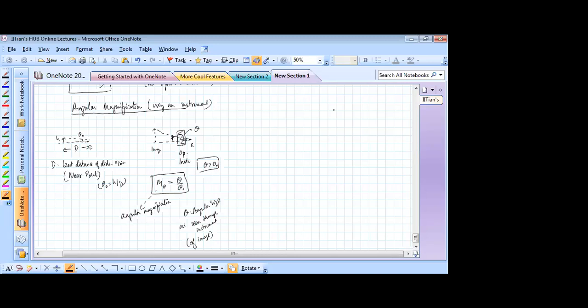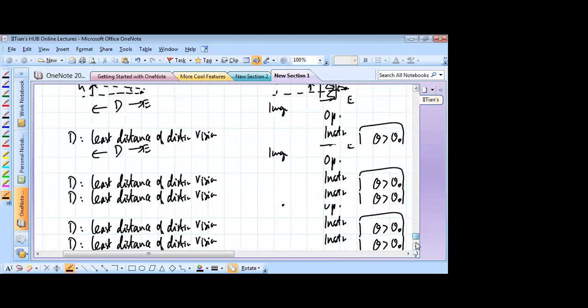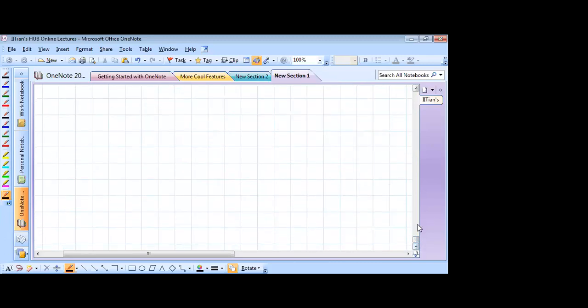But here we are talking about optical instruments. So we are still talking about manipulation of light in terms of refraction and reflection, without any of the quantum effects coming into the picture. In fact, without diffraction and interference also coming in, only through reflection and refraction. Now let's see the types of optical instruments.